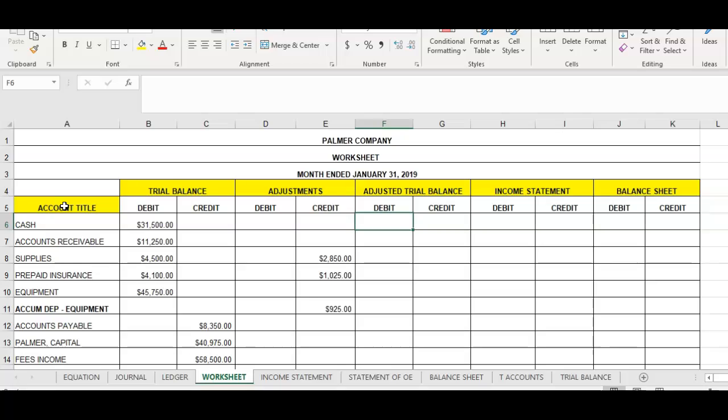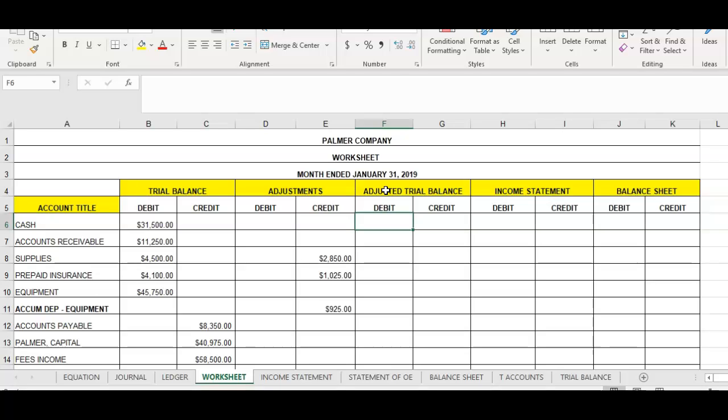When we think about the adjusted trial balance, it is a combination of these first two sections of the worksheet. It's a combination of the trial balance and the adjustments. The adjusted trial balance shows each account balance after we have made the required adjustments at the end of the accounting period.